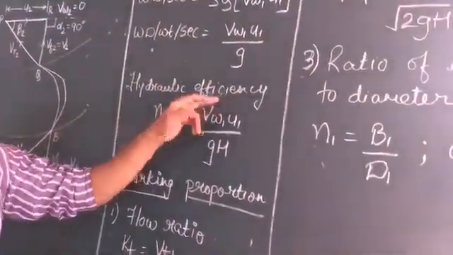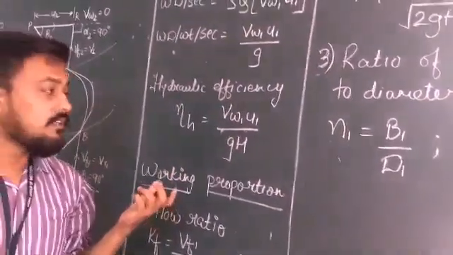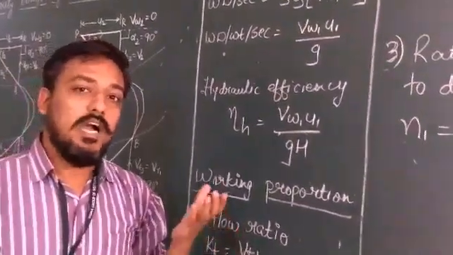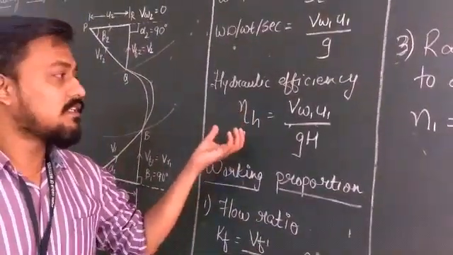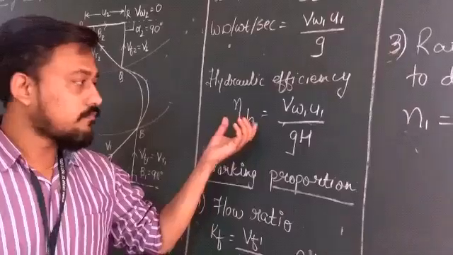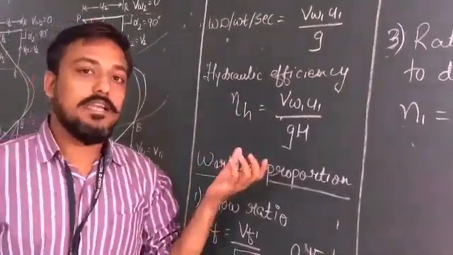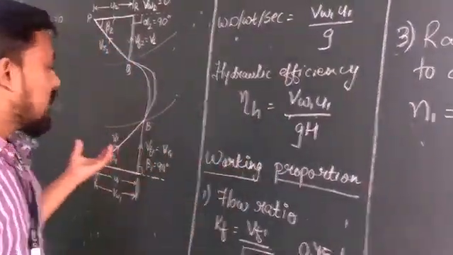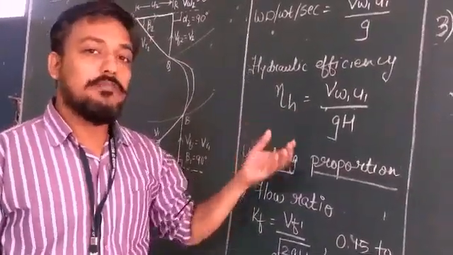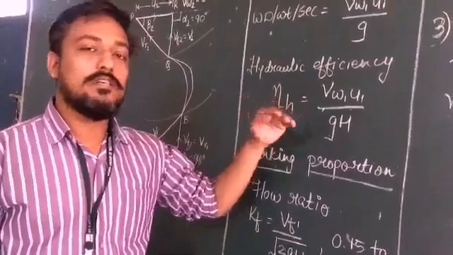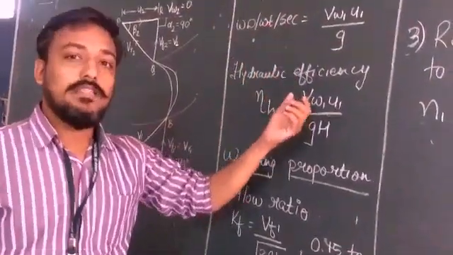Hydraulic efficiency. Now we have to find the efficiency. Efficiency means output upon input. Here we have to find the hydraulic efficiency, which will be derived from the water power. The input is the water power, and the output is the work done by the runner.